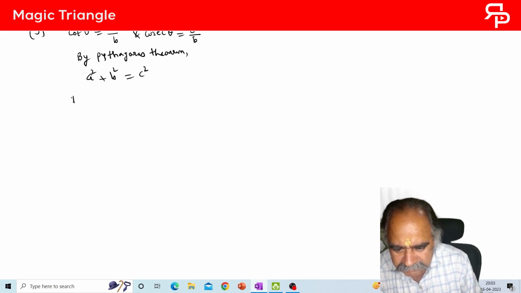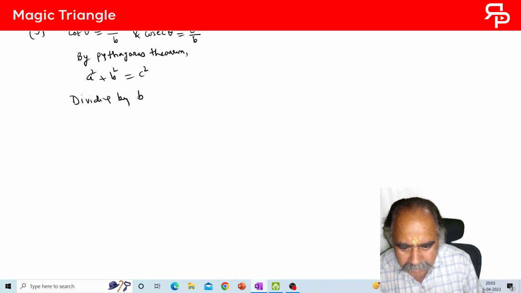Dividing by B square we get A square by B square plus B square by B square is equal to C square by B square.